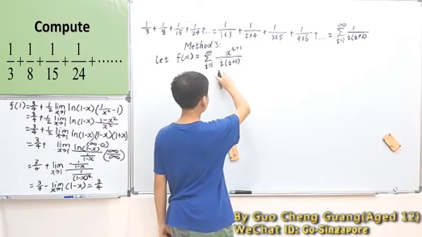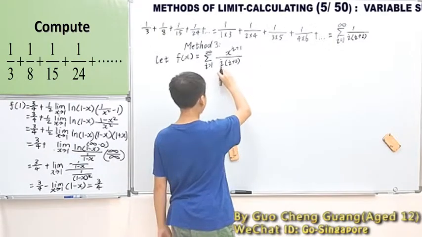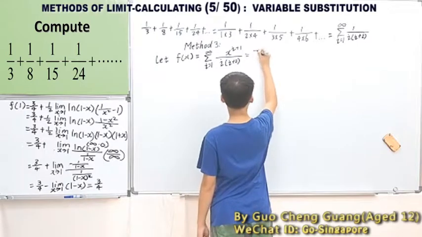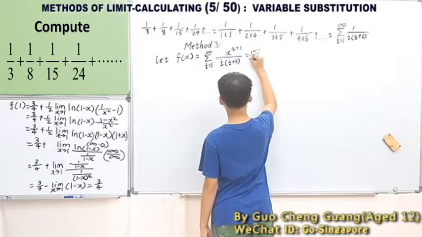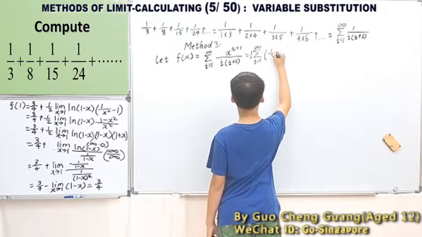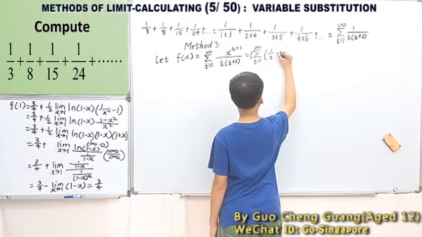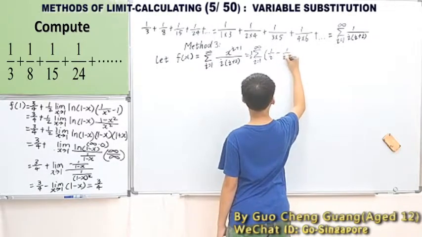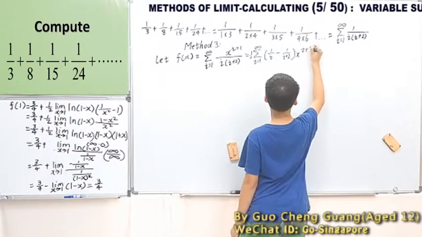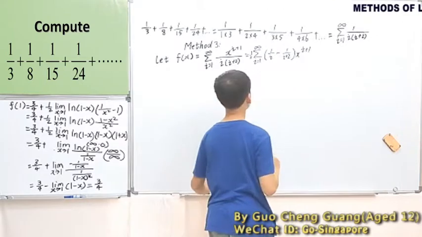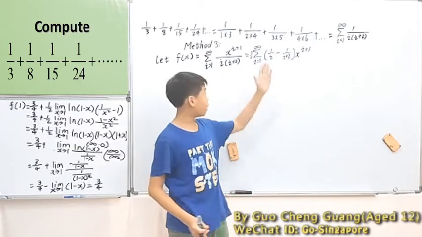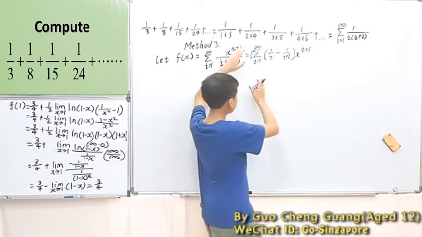Okay, so the method that we are going to use is partial fractions. Still partial fractions. So it's going to be like this. Then at this point, we can separate these two parts from one sigma into two of them.